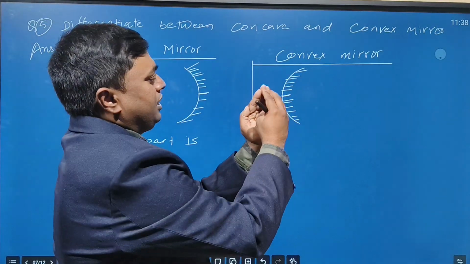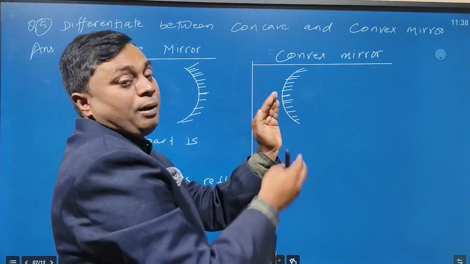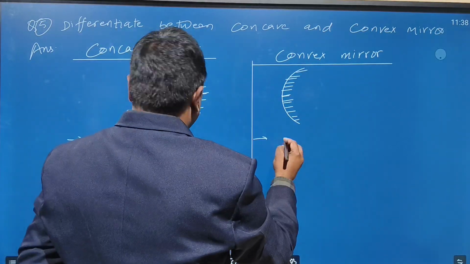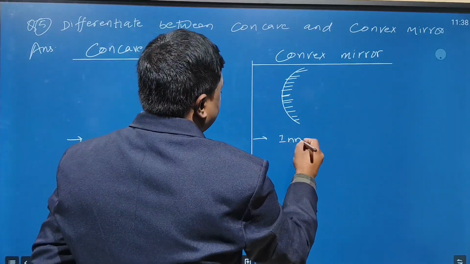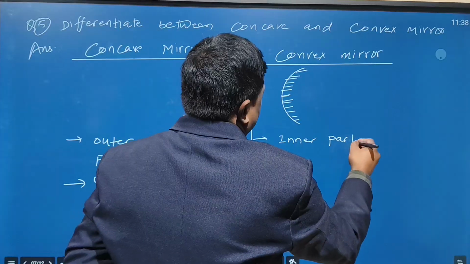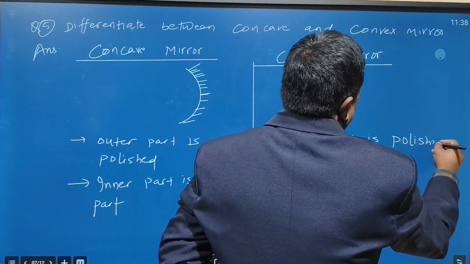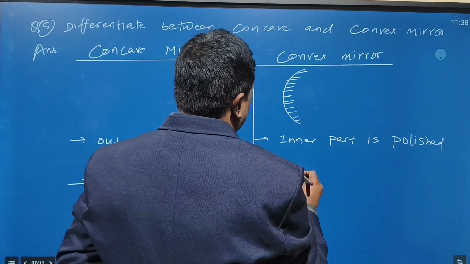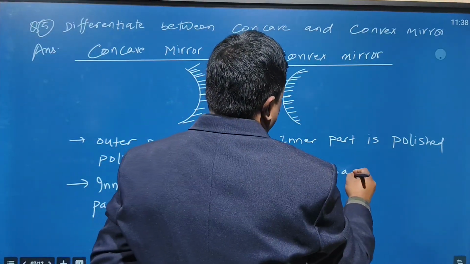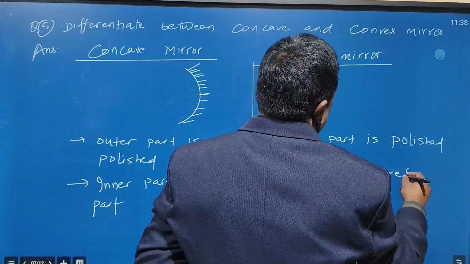Okay, this is a concave mirror. If inner part is polished, so outer part is the reflecting part. Here, you can write inner part is polished, and outer part is reflecting part.